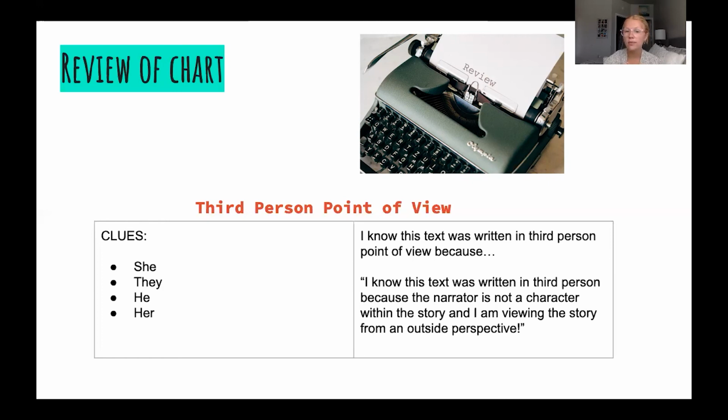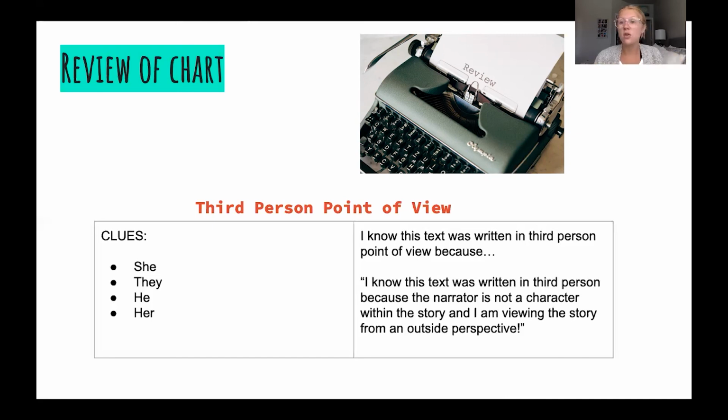So I wrote, "I know this text was written in third person because the narrator is not a character within the story, and I am viewing the story from an outside perspective." So that is the sentence that I wrote for how I knew the text was written in third person.